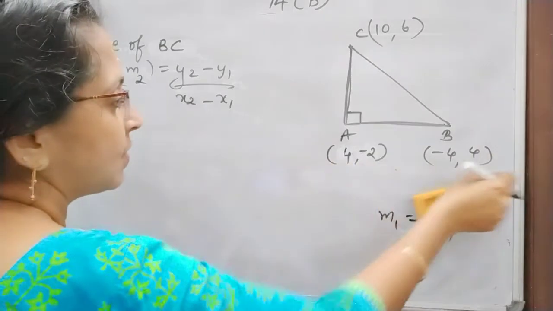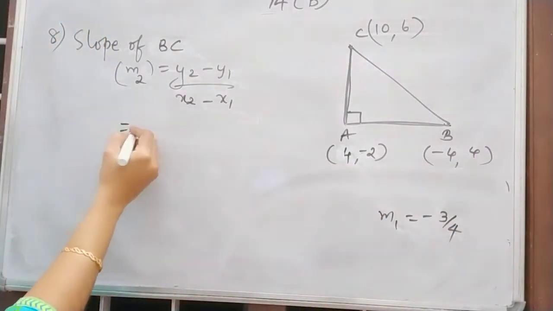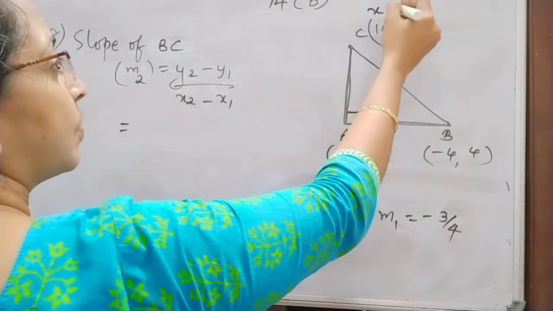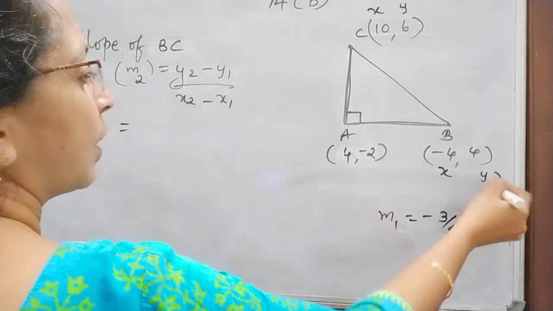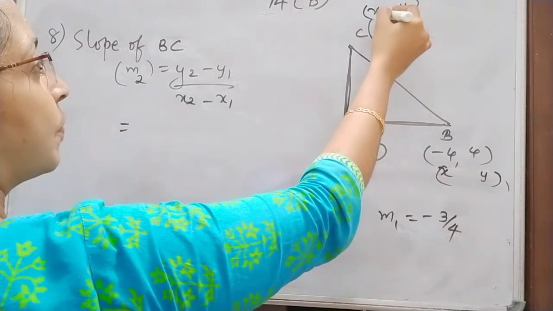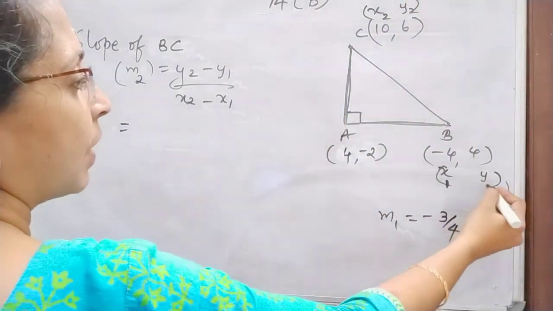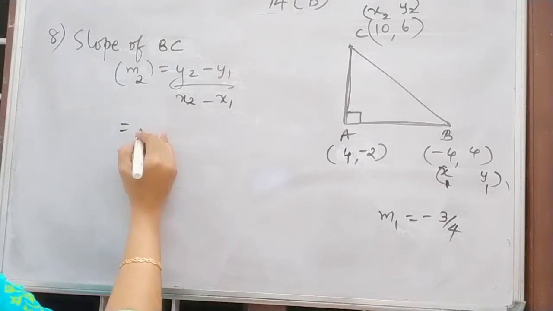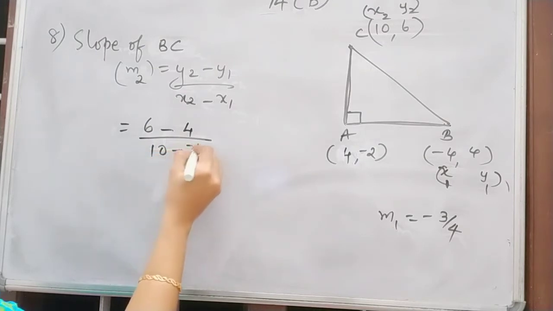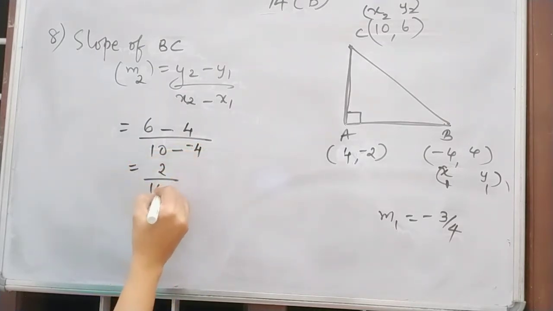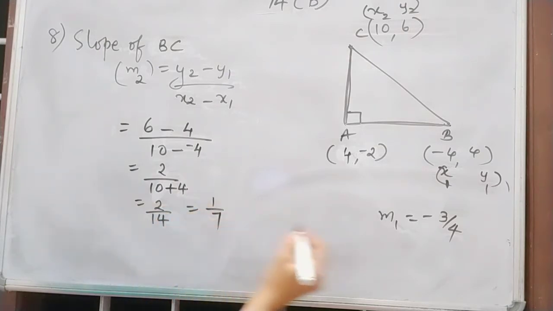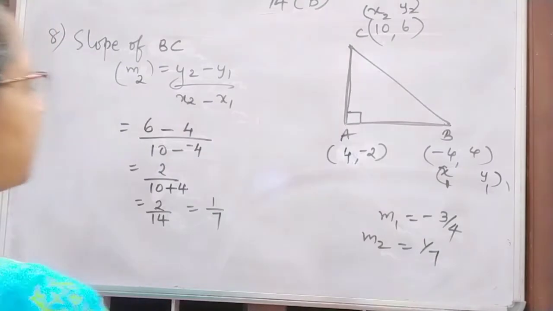So y2 minus y1 we can write as 6 minus 4 divided by 10 minus negative 4. That is 2 divided by 10 plus 4, which is equal to 2 divided by 14, which is equal to 1 by 7. So M2 we got as 1 by 7.